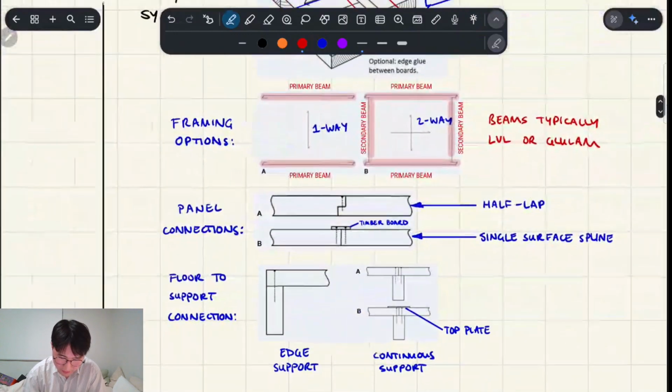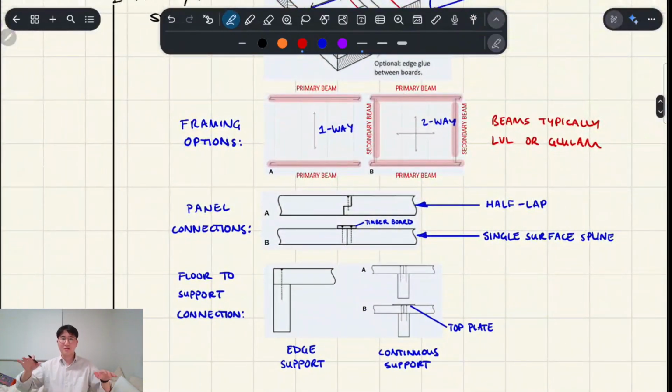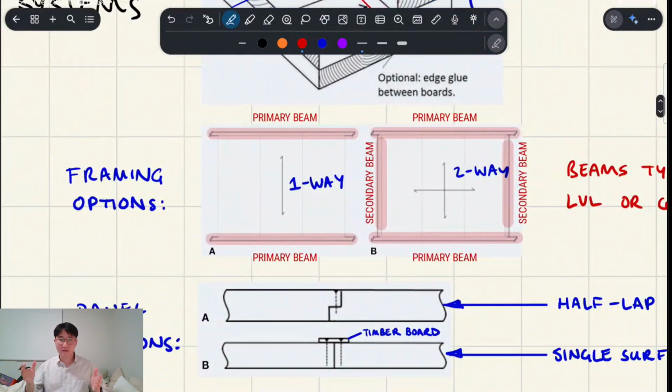In terms of framing, when I say framing, I'm talking about what goes underneath it. So you've got your CLT slab, and then you can have beams. They could be glulam beams or LVL beams or whatever. And depending on where you put them is the direction the forces want to flow.